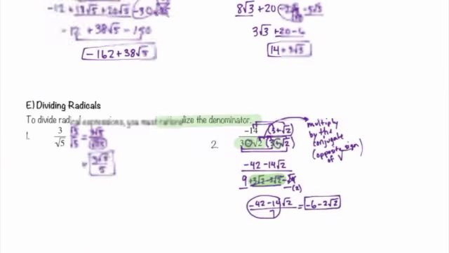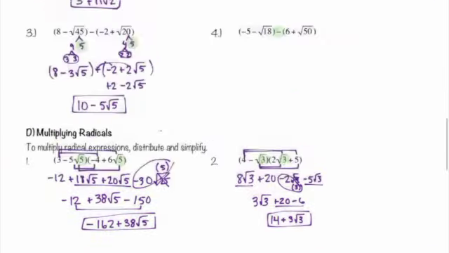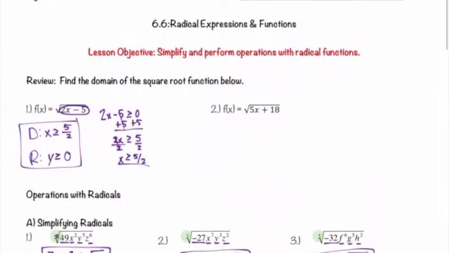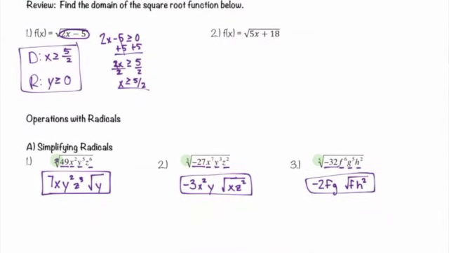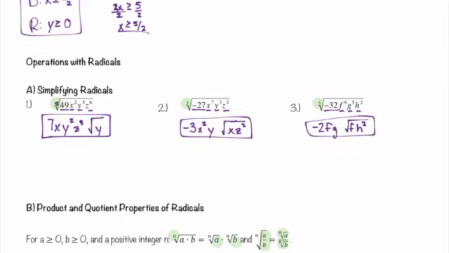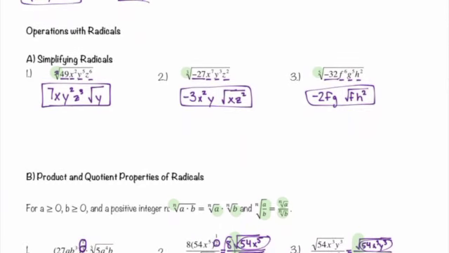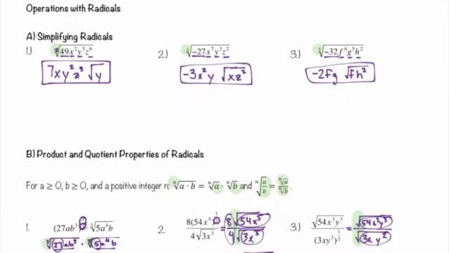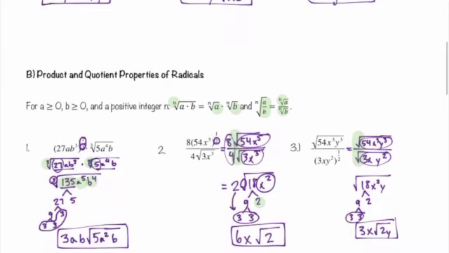So I know there's a lot there. We started with finding domain and range, which you should have already known with radicals. We started with simplifying basic radicals and cube radicals and any index radicals, which was somewhat new, but the concept was not new.